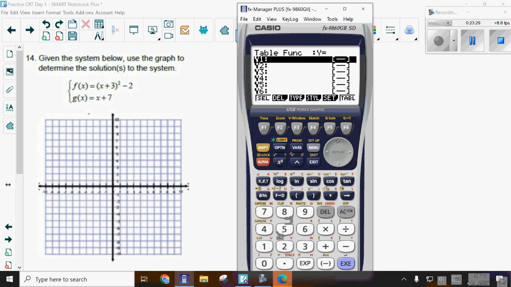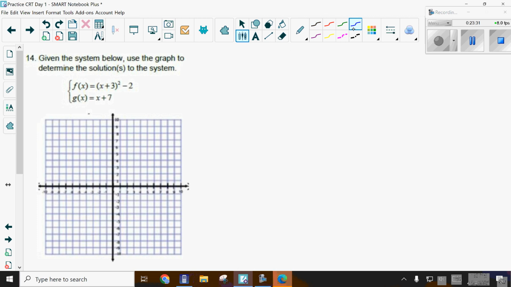Now, I can tell you some things even before we start using the calculator. Just by looking at the top equation, I can tell you that the starting point for this is going to be at negative 3, negative 2. Your vertex or your starting point is always the h and k value. H is always with x and k is always at the end. H is always lying, so you have to use the opposite number.